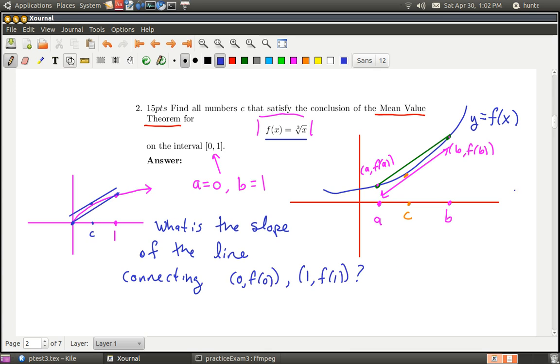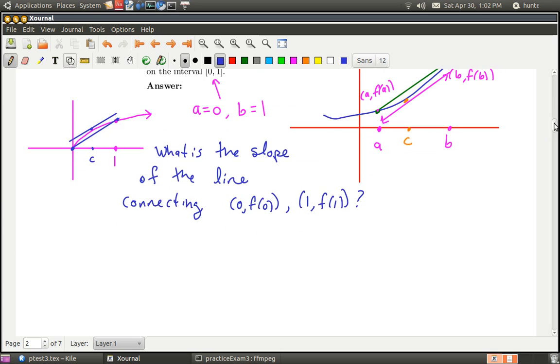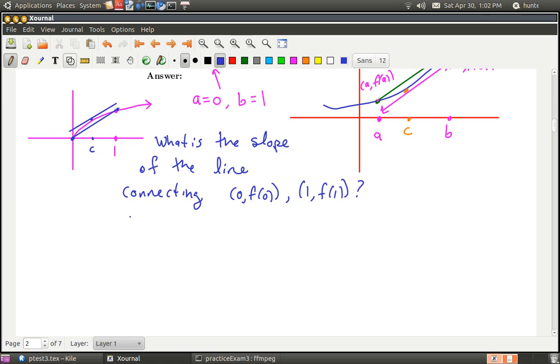This is going to be very easy to figure out. You may know this formula. The formula is m equals f of b minus f of a over b minus a.